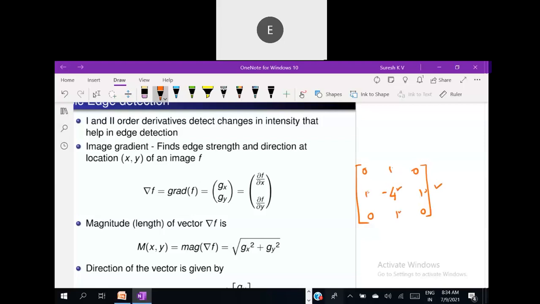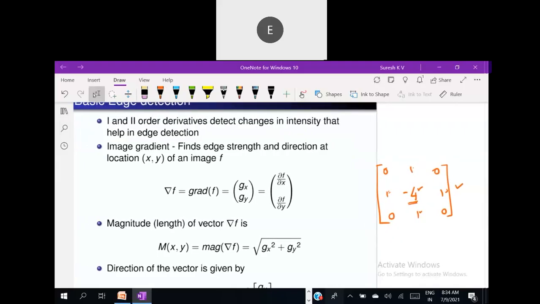If I use some approximations, I can avoid multiplying with constants also. I can have only values like zeros and ones. So let us try to understand that.